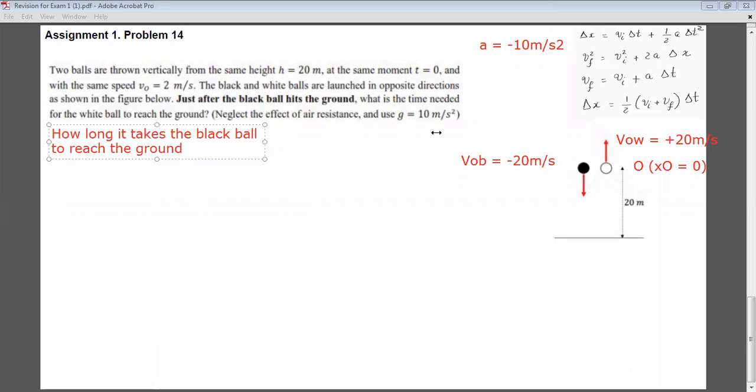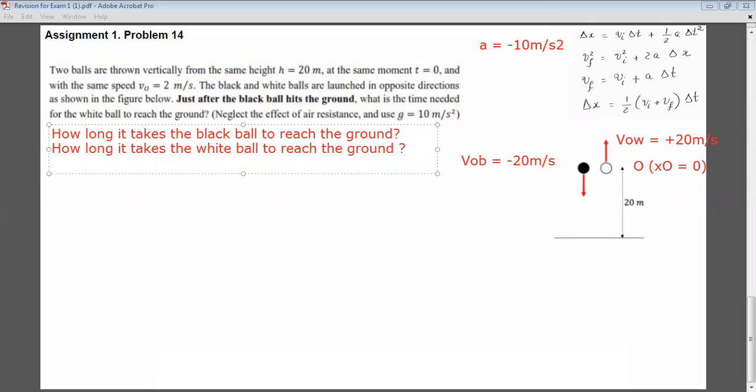Then you calculate how long it takes the white ball to reach the ground. Then you subtract. Okay? Because this will be just after the black ball hits the ground.